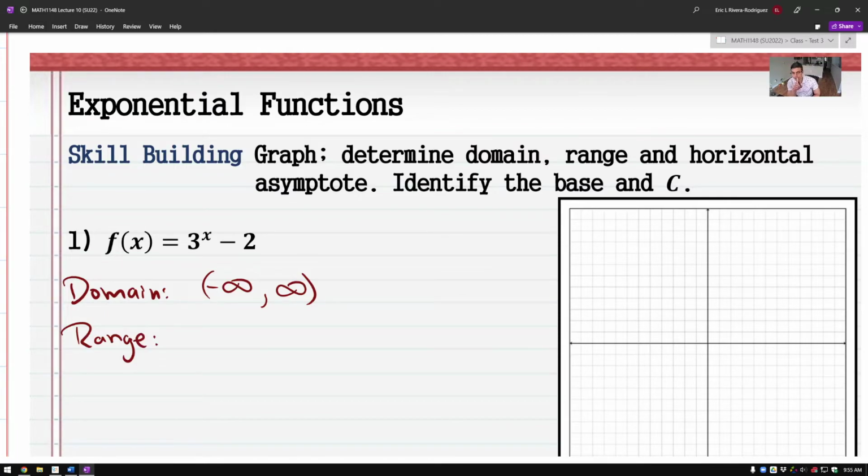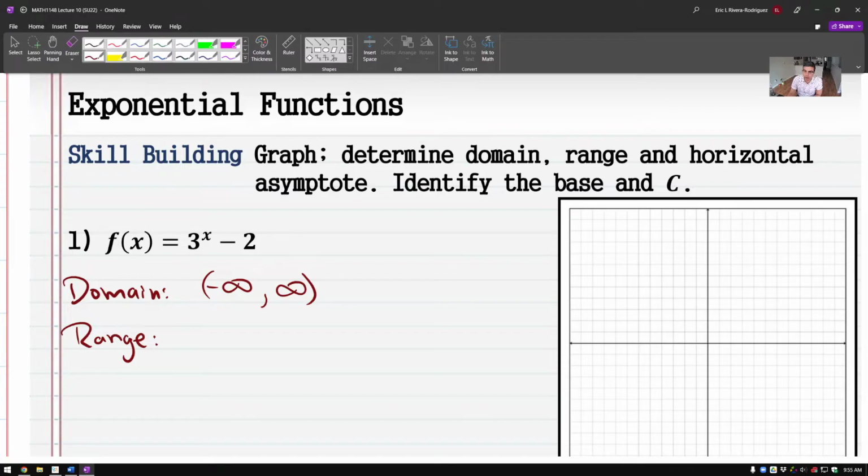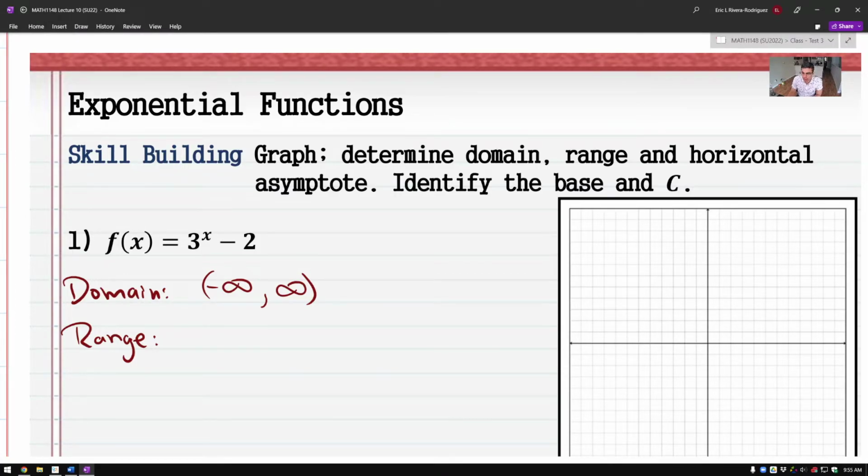Originally, the range goes from 0 to positive infinity. So I'm going to use a different color to put the general exponential function range.